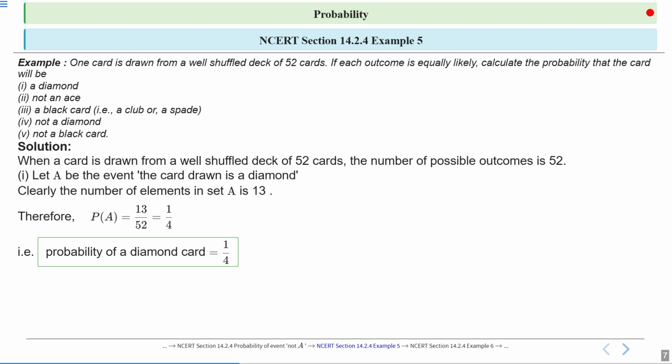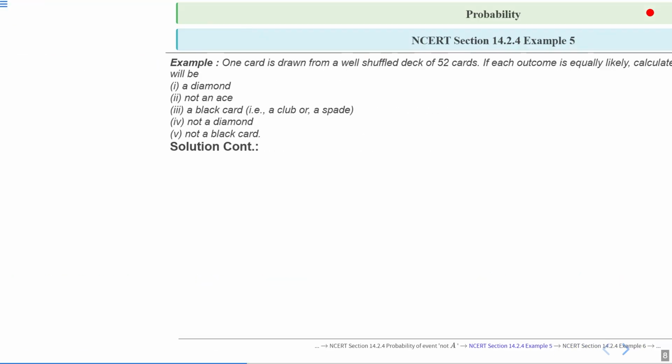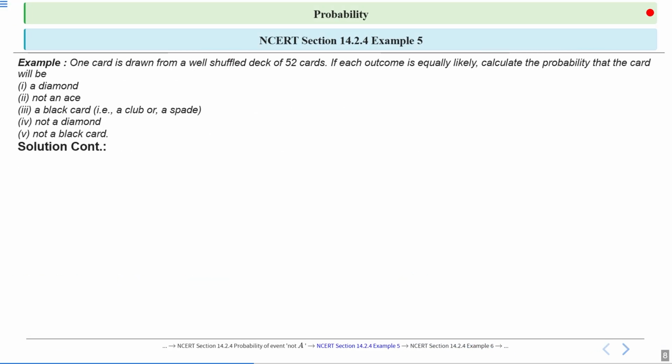So now we will calculate the probability that the card will be not an ace. We assume that the event card drawn is an ace is B. So the B event is the card drawn is an ace.